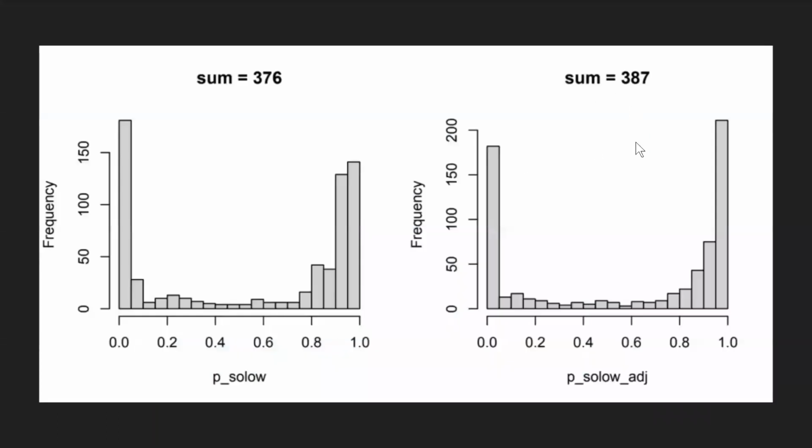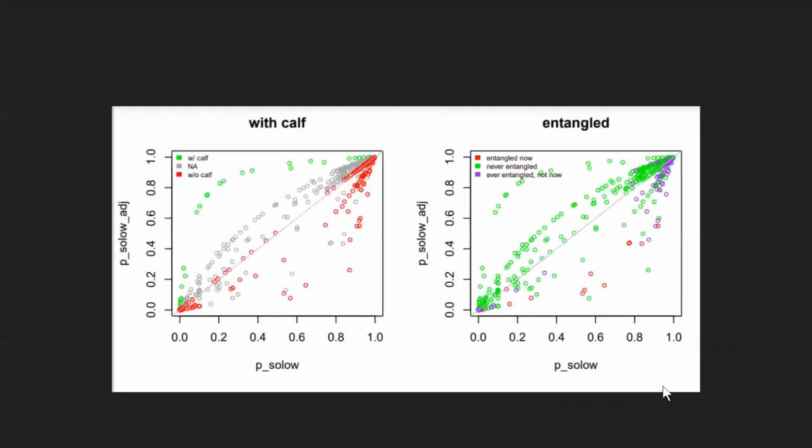So once we adjusted those numbers, we got a slightly higher number than our initial number of 376. When we summed them all up, we got 387, denoted as P solo adjusted here. You can see how our model affected each covariate as well for these individual whales.